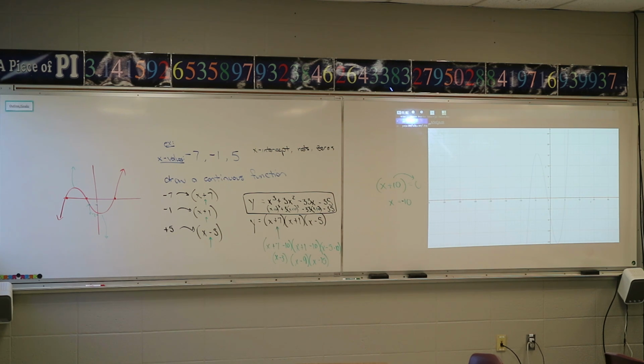Alright, and if you throw a negative sign out front of this whole problem, if I were just to throw a negative sign and hit enter, it will switch the graph so it turns it over on its end. But it's got to be out front of everything, so everything has to be in a parenthesis.